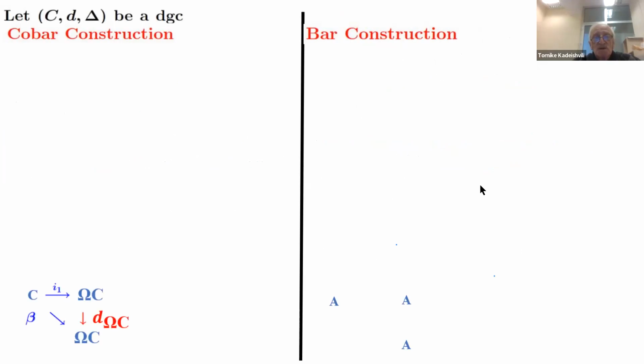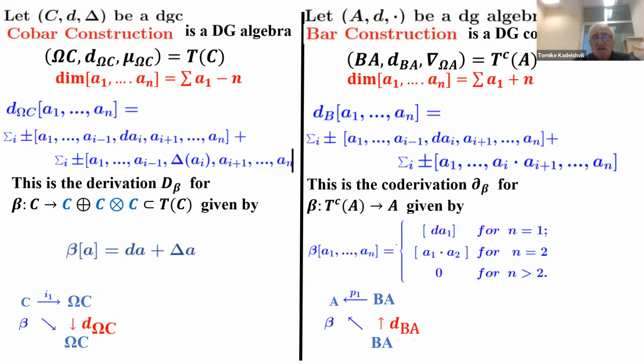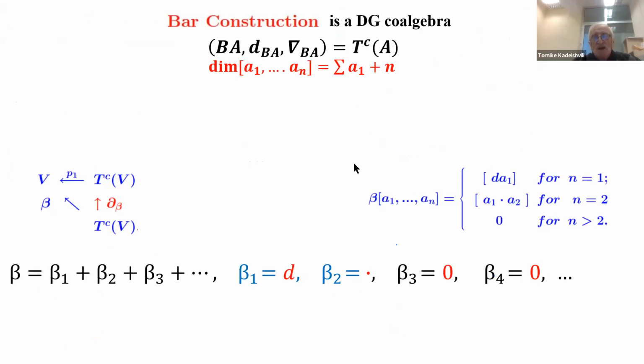And the same story for coderivations. Let me concentrate on the bar construction. Suppose I have a DG algebra A. Its bar construction is the tensor coalgebra, and it is a cofree object.